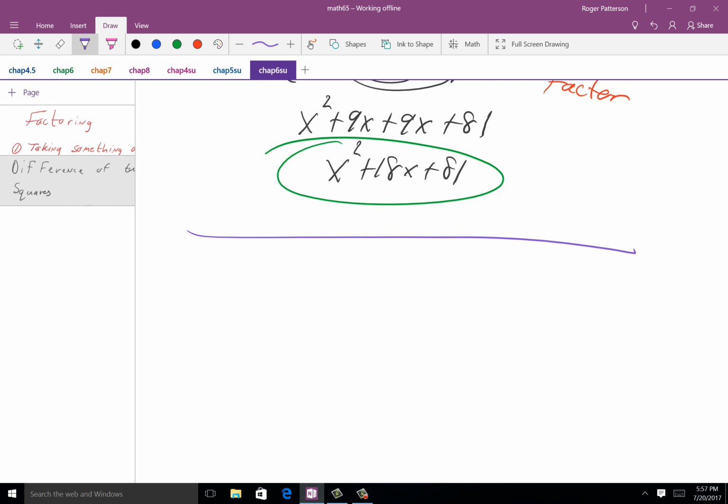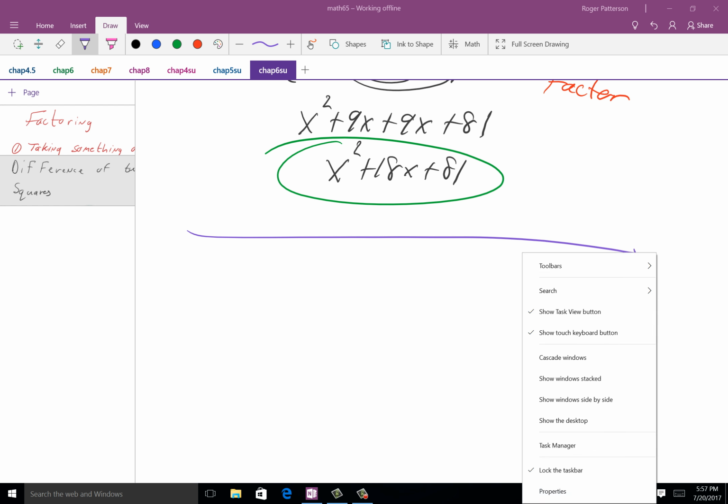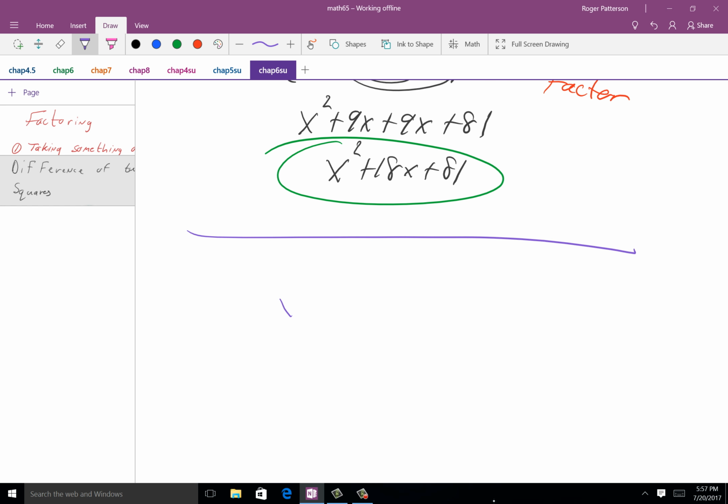All right? So for example, here, if we take something like this, let's go with x squared minus 12x, okay, plus 36. All right, this is just a regular trinomial that you probably did some of these already in part of your assignment.